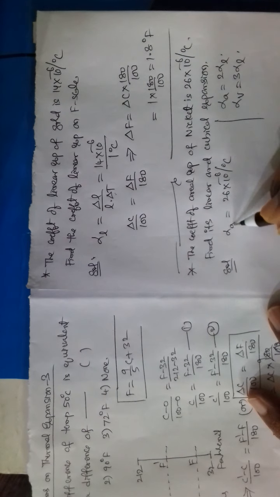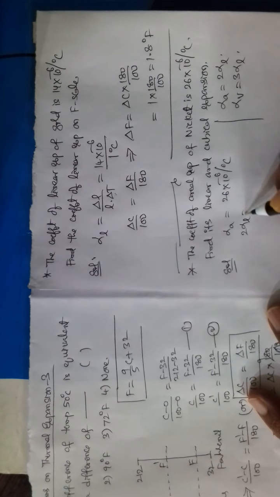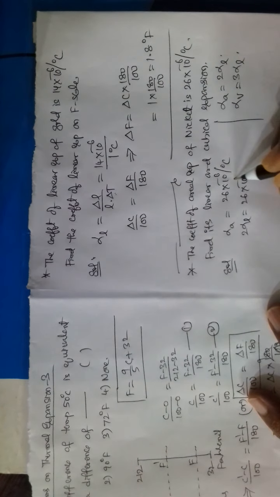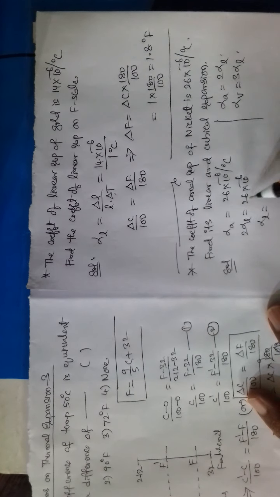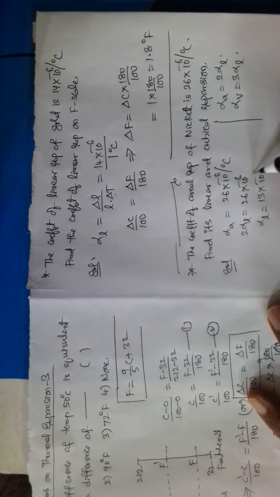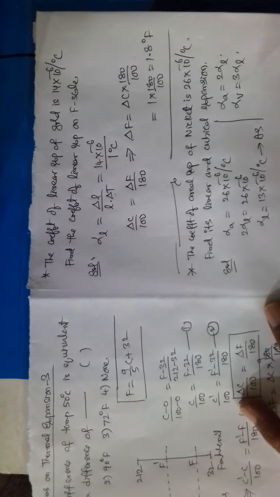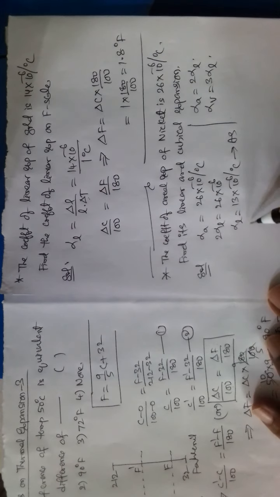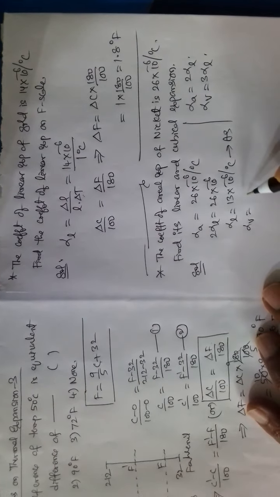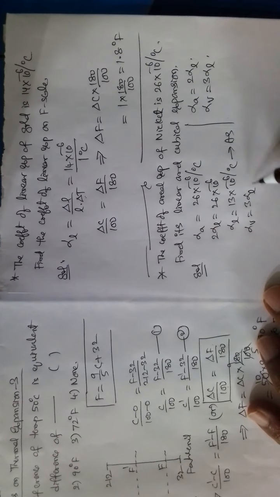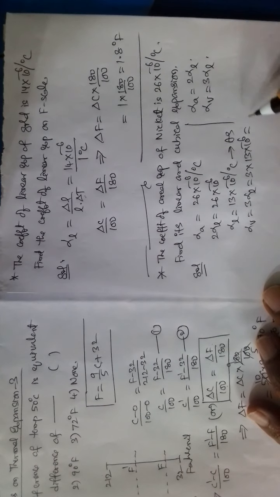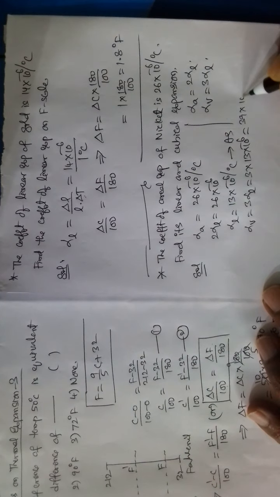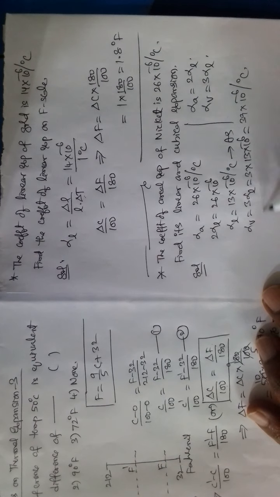So here alpha A means 2 into alpha L. Alpha L is equal to 26 divided by 2. This is one answer. Next, cubical is asked. That is equal to 3 into alpha L, 3 into 13, that is equal to 39 into 10 power minus 6 per degree centigrade.